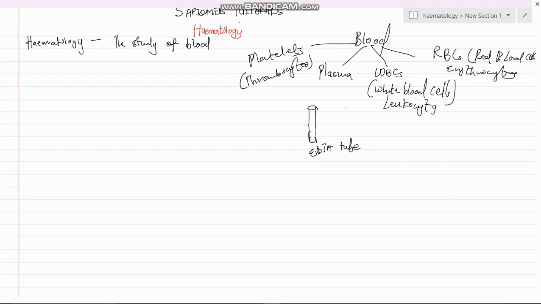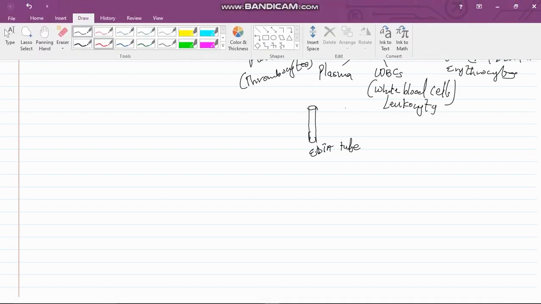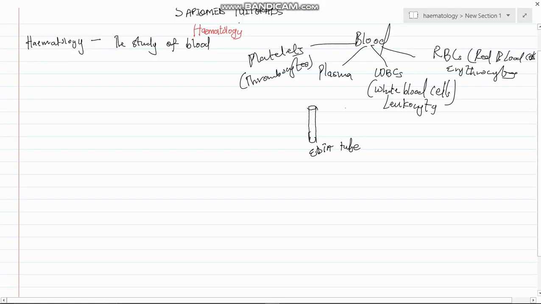So we will have 45% of the component being the red blood cells or the packed cells.